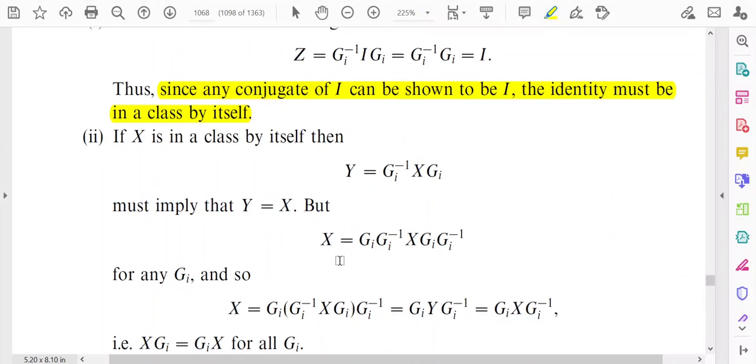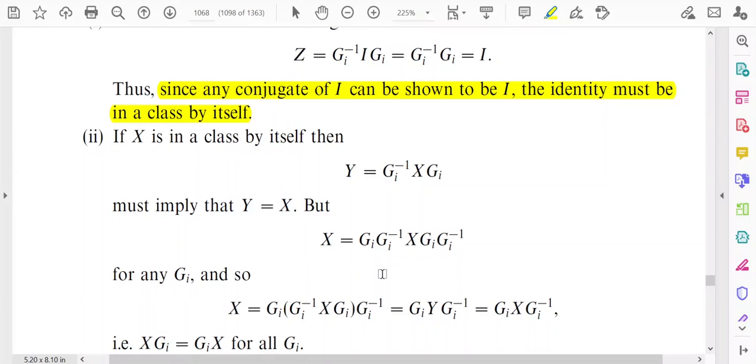Now, we can write any element x in this way, x is equal to Gi inverse, where Gi inverse is equivalent to the identity, and identity x into I, that means x can be written in this way, and this is for any element Gi.